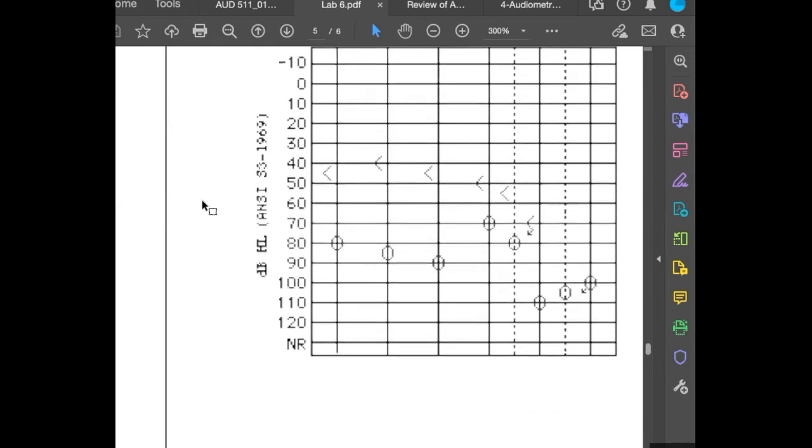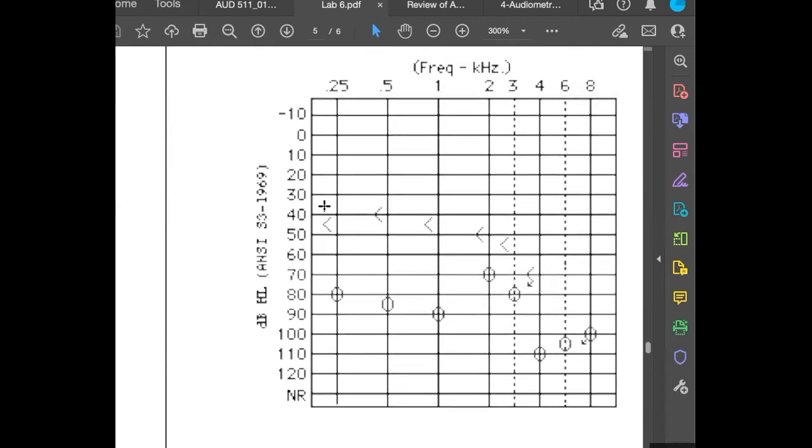Okay, all right. So here we've got bone conduction responses for the right ear, unmasked, and then we've got air conduction unmasked thresholds for the right ear. Here we have bone conduction unmasked, and it's better than our air conduction. What does that tell us?